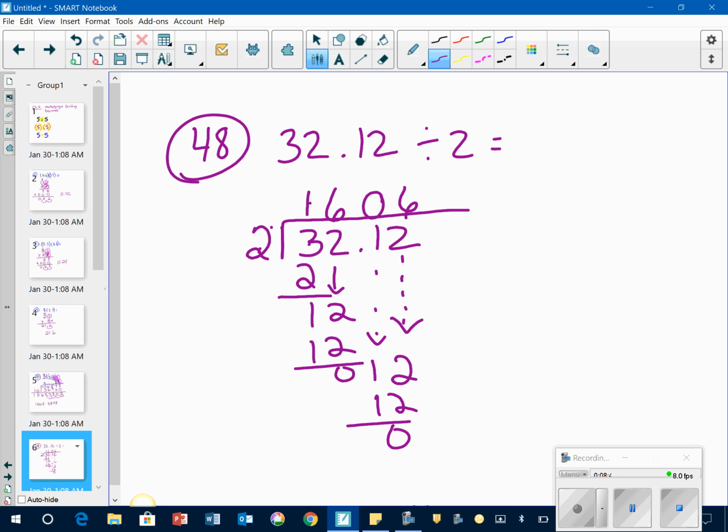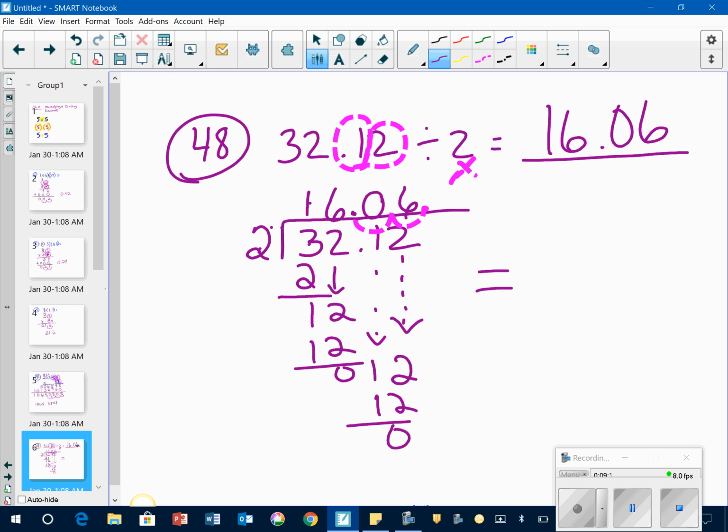So for 48, your number right now is 1,606, but we have to add our decimal places in. If you notice, you don't have any here, over here you have 2 decimal places. So then you just go 1, 2, and your number is actually 16.06.